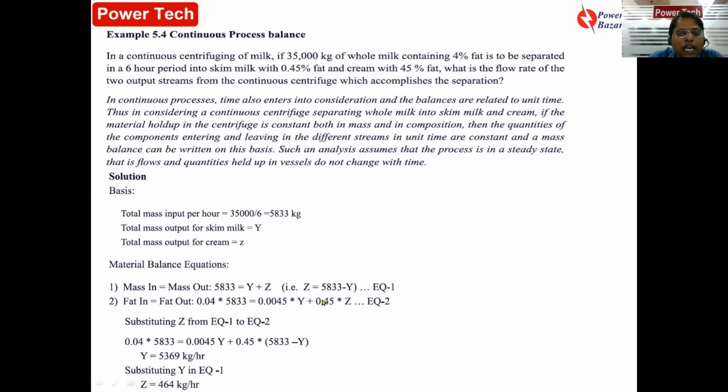So this is another equation. With two unknowns and two equations, Y and Z can be easily found out. So we can easily solve any problem, maybe a continuous process, and find out the masses, assuming that the unit rates of mass flow are the same, by doing some basis and by writing the material balance equations.